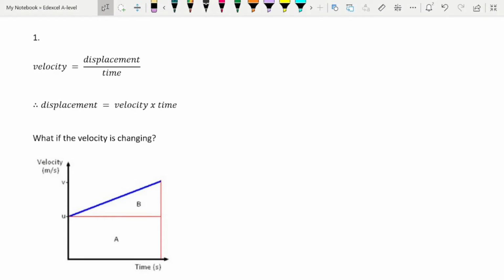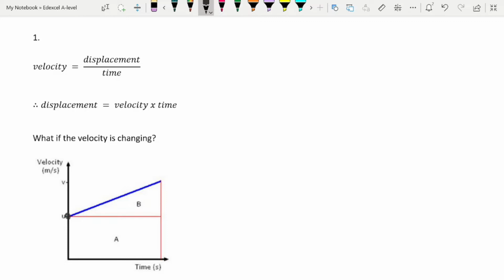Our first equation is derived in this way. So we know that velocity is displacement over time, and therefore displacement is velocity times time. But what if the velocity is changing? If we look at this graph here, we can see that the velocity changes very regularly from u to v. What we can do in order to find the displacement is to use the average velocity.